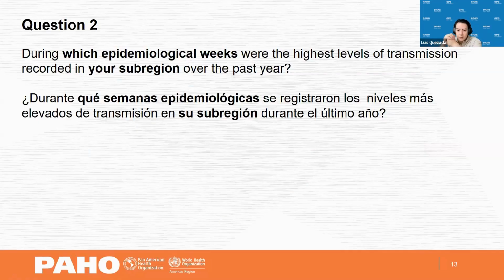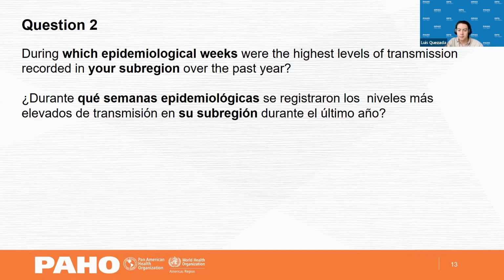Of course, this is of the present year. If you go through the dashboard, you're going to see that there's a chart that enables you to see throughout time. You need to find your subregion and analyze the epidemiological weeks with the highest levels.